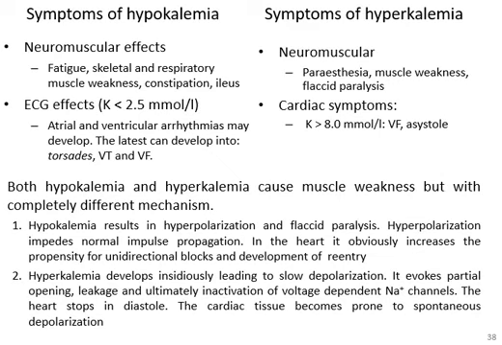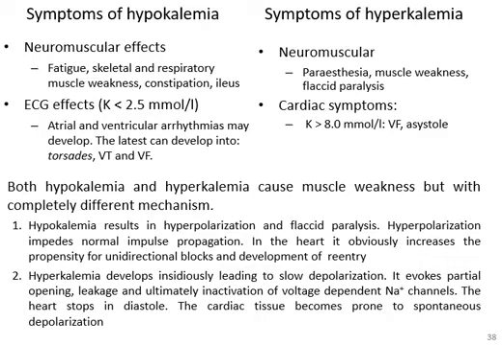In hypokalemia, muscle weakness is related, as I mentioned, to hyperpolarization and leads to flexi-depolarization. It impedes normal impulse propagation. And in the heart, arrhythmias develop due to unidirectional blocks and development of re-entry. In hyperkalemia, just the opposite is the case.